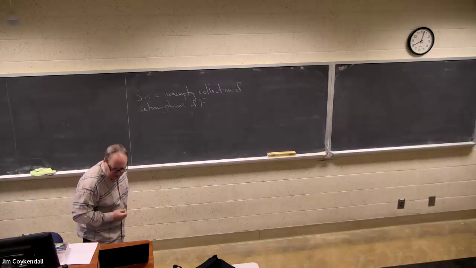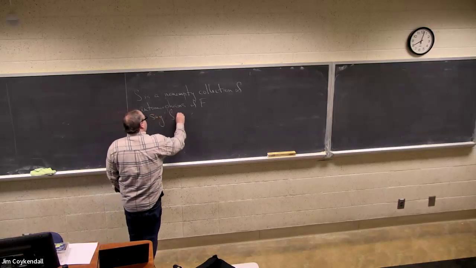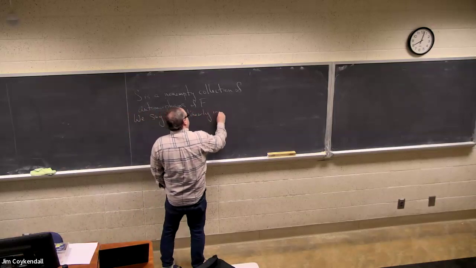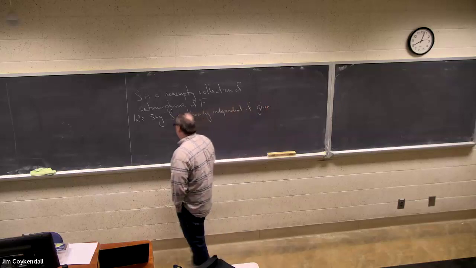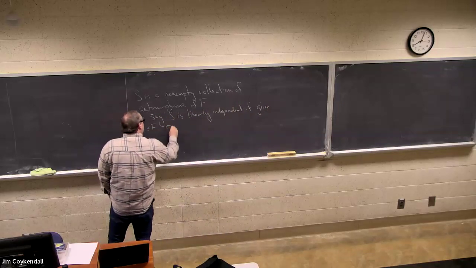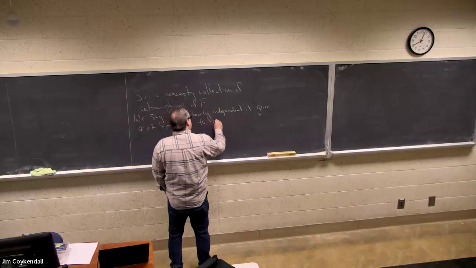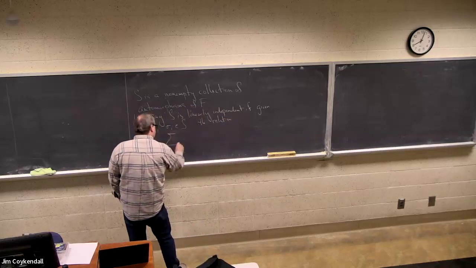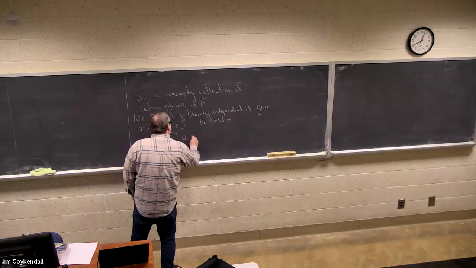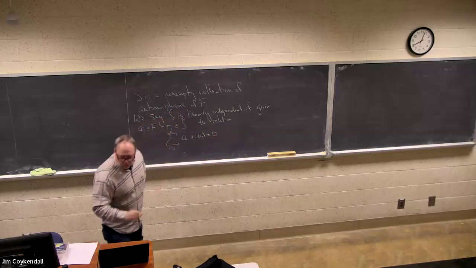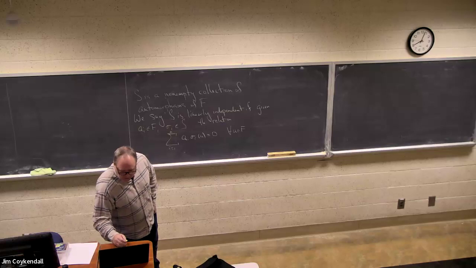We say that they're linearly independent if, given any collection alpha_i in F and sigma_i in this non-empty set of automorphisms, the relation sum of alpha_i sigma_i(u) equals 0 for all u in F implies that alpha_i is 0.